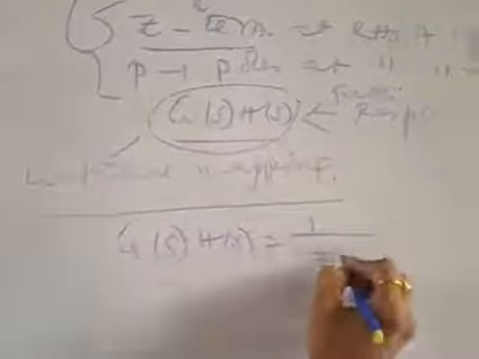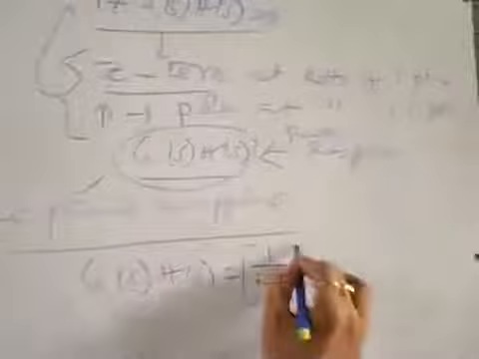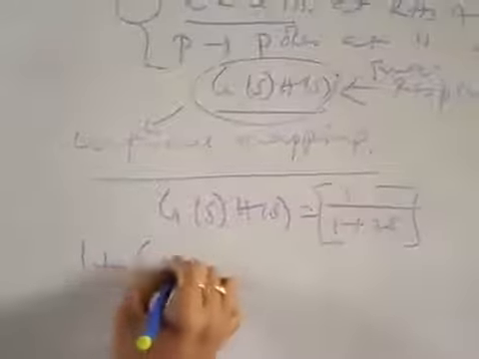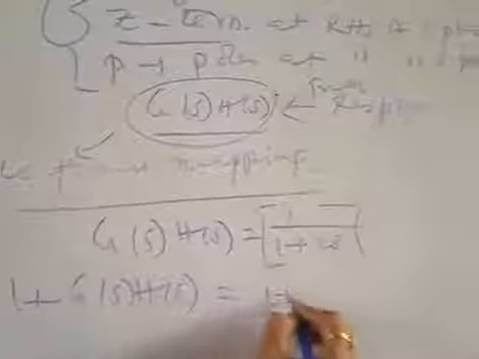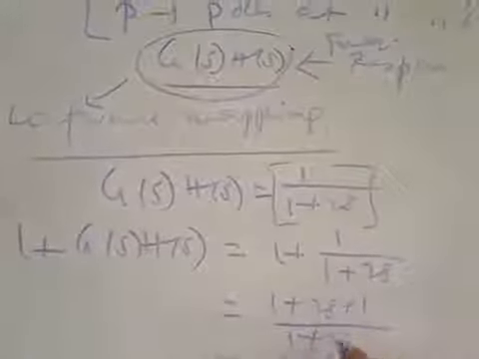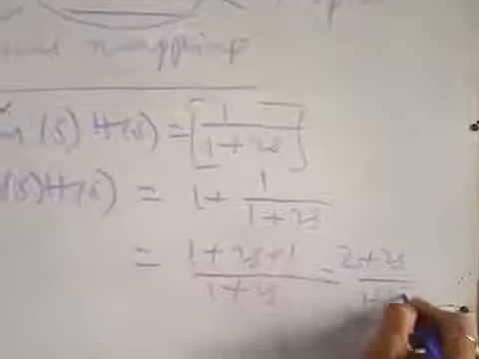Say for example, G(s)H(s) equal to 1 by 1 plus 2s. This is a type 0 system, and this is the open loop transfer function. Corresponding to that, you get the characteristic equation 1 plus G(s)H(s) equal to 1 plus 1 by 1 plus 2s, equal to (1 plus 2s plus 1) by (1 plus 2s). So we get (2 plus 2s) by (1 plus 2s).